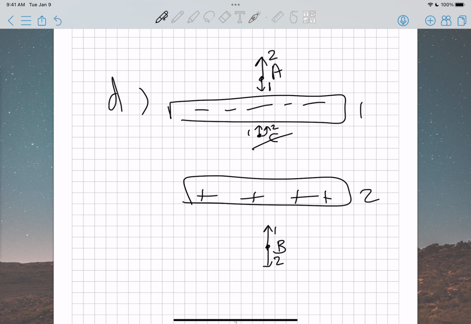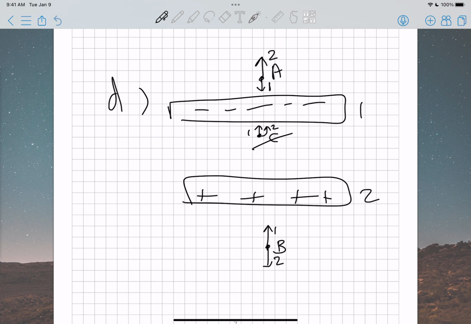What do we know about E2 and E1? One is larger than the other, right? They're not perfectly canceling out. One is larger, one is smaller. Which one is larger? Is E2 larger than E1?